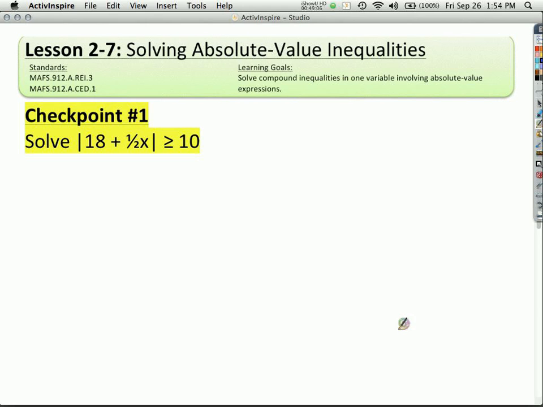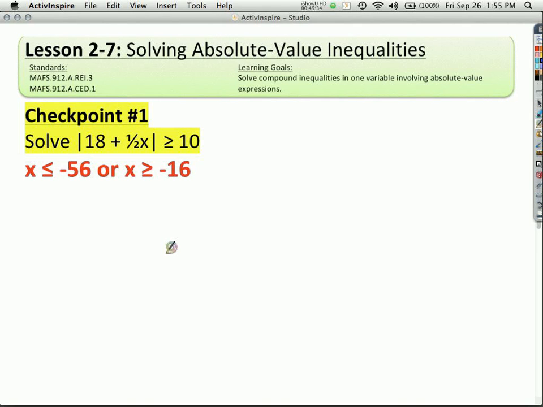Adriana, what did your team think? X is less than or equal to 56, or x is greater than or equal to negative 56. So it was x is less than or equal to negative 56, or x is greater than or equal to negative 16. Unfortunately, if you put a positive number when it was supposed to be negative, that is wrong. And if you have the symbol facing the wrong direction, unfortunately, it is wrong.